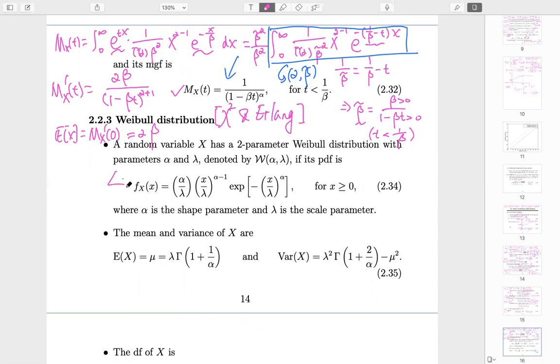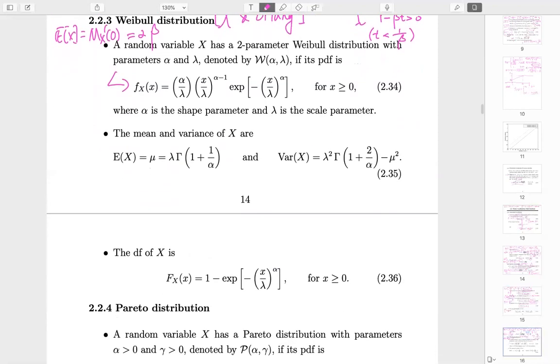I don't like its PDF because it's somehow complicated, so I will directly go to the CDF, or even the survival function. So this is the survival function of a Weibull distribution.